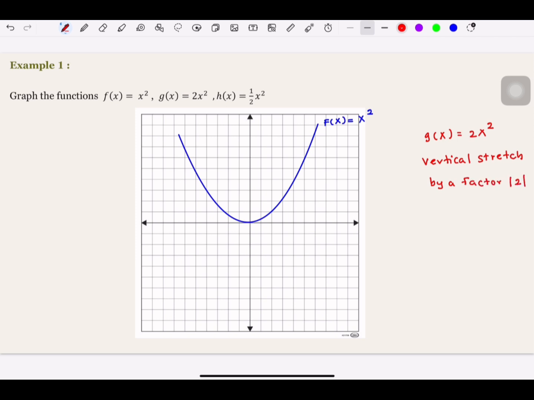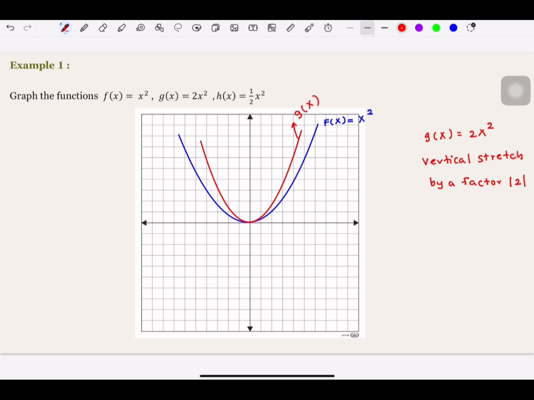In simple terms, the graph becomes much narrower because all the y values are doubled. Each point on the graph is pulled further away from the x-axis. Let me sketch this. Remember, this is narrower than the parent function. So this is your g of x.